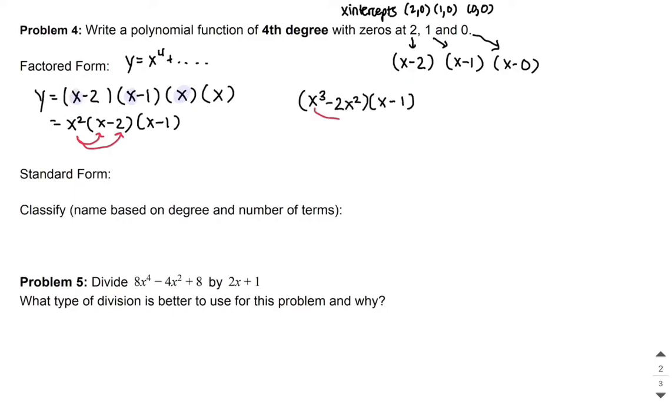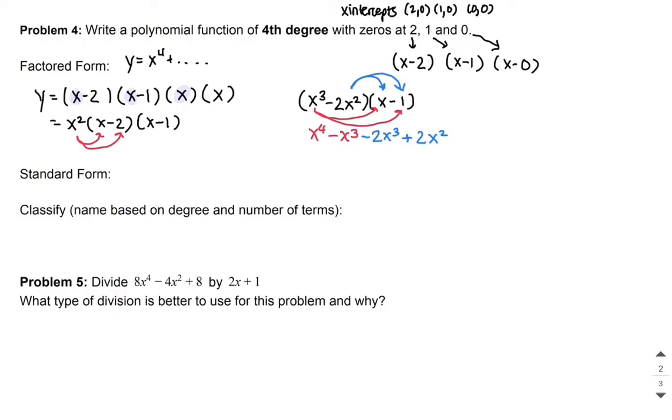If I FOIL this, I have x cubed times x, which gives me x to the fourth power. x cubed times minus 1 is negative x cubed. Then I have negative 2x squared times x, which gives me negative 2x cubed, and then negative 2x squared times negative 1 is negative 2x squared, or positive 2x squared, I'm sorry.